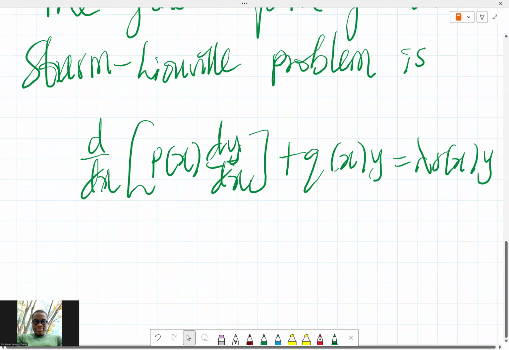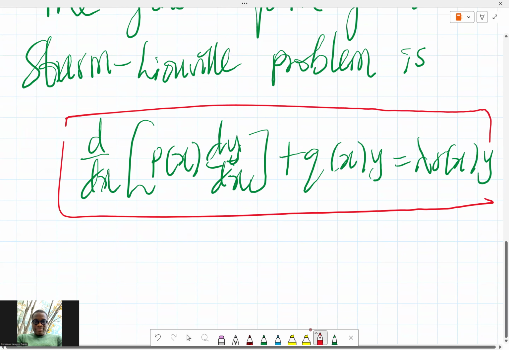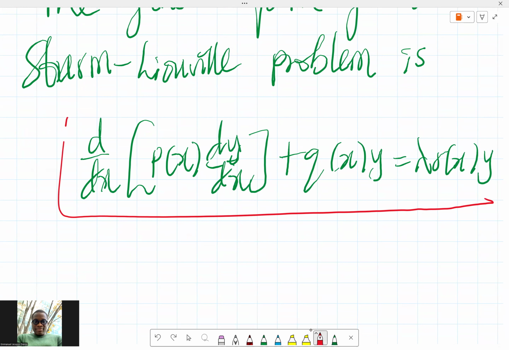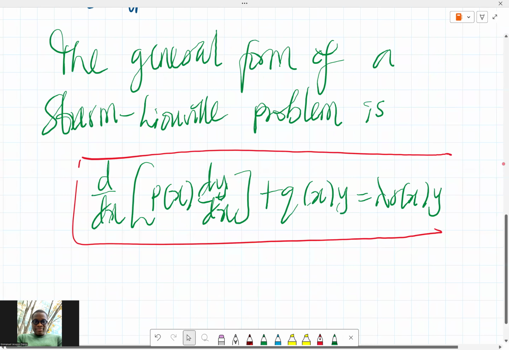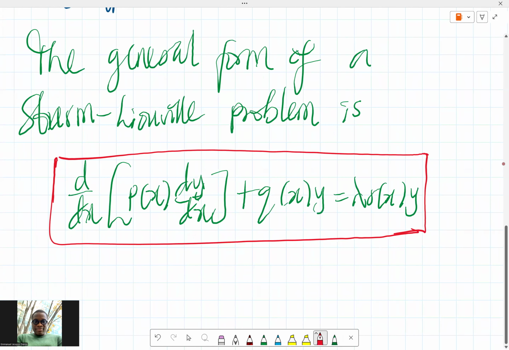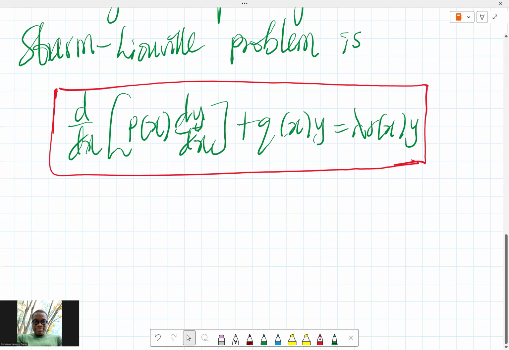So that's the typical Sturm-Liouville problem. This is what it looks like.